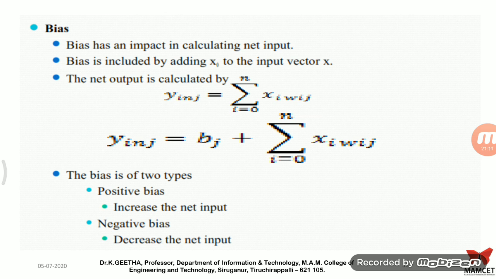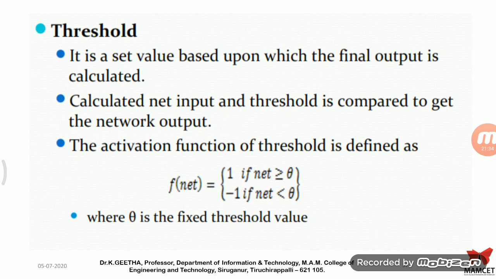Now we have to add the bias, so y_inj = bj + summation of i = 0 to n of xi wij, where bj is the bias. The bias is of two types, the positive bias and the negative bias, where the positive bias increases the net input and the negative bias decreases the net input.